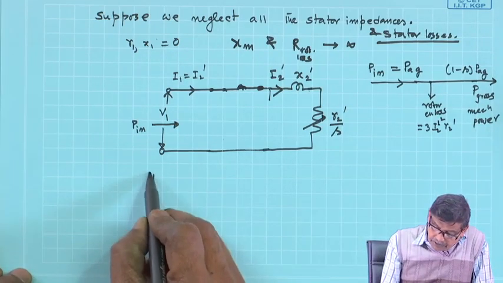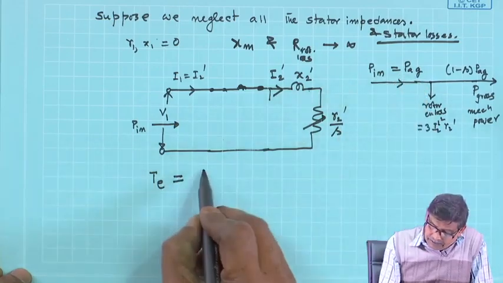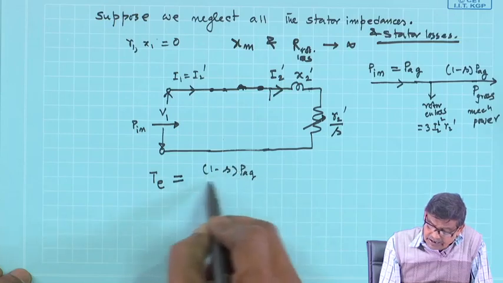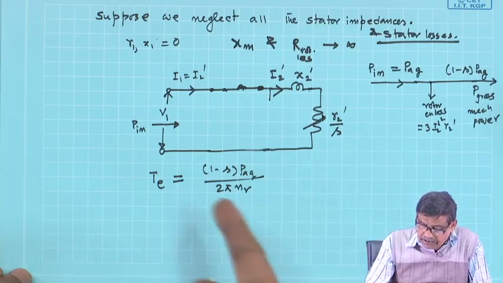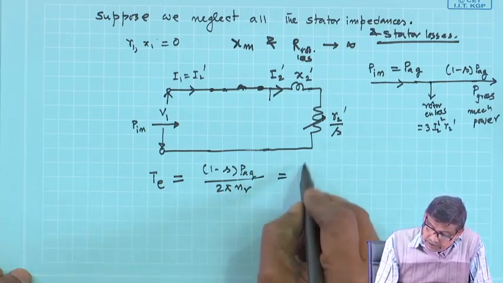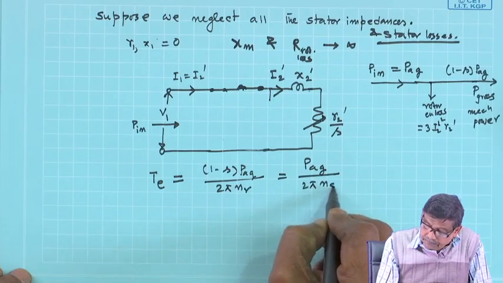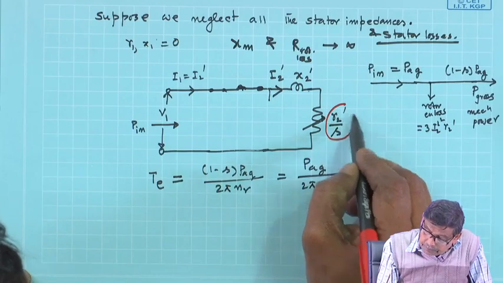Therefore, torque developed by the machine will be 1 minus S into PAG, if you write, you divide by 2 pi nr. Suppose the machine is running with a slip S. So, this comes out to be PAG by 2 pi ns. And what is air gap power? It is represented by the power here.